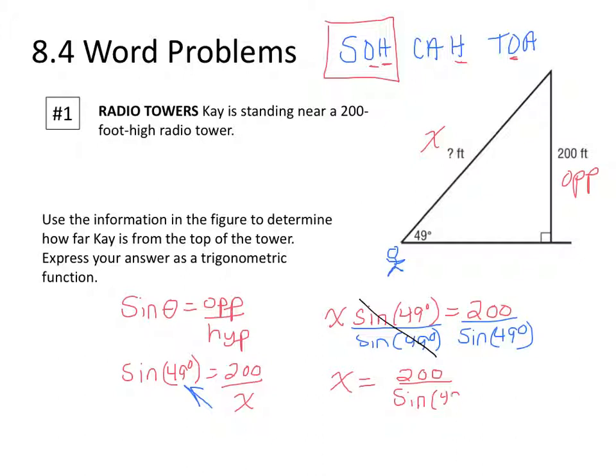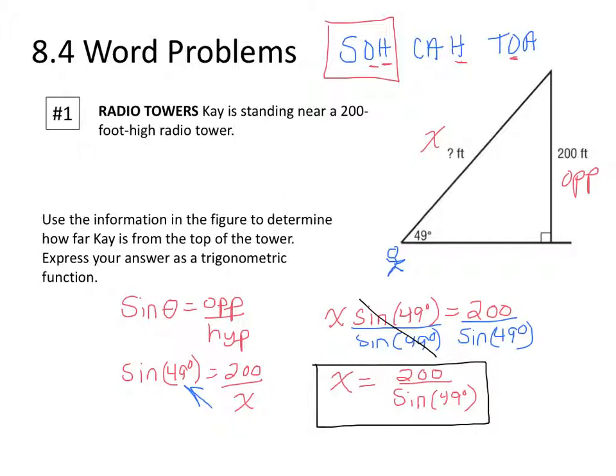Now if the problem asked you to find the actual length, you would go ahead and use your calculator to figure this length out. We might as well do that, but the answer here that they were looking for is 200 divided by sine of 49 degrees, leaving your answer in the form of a trig function.